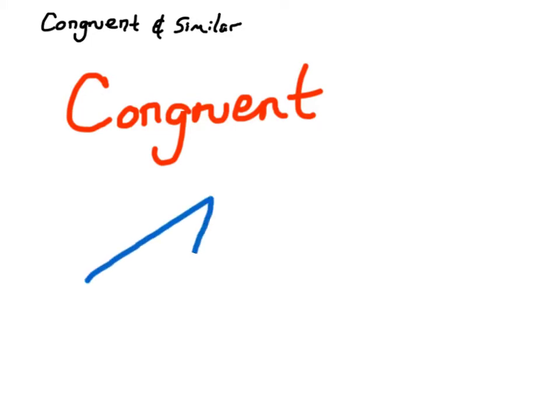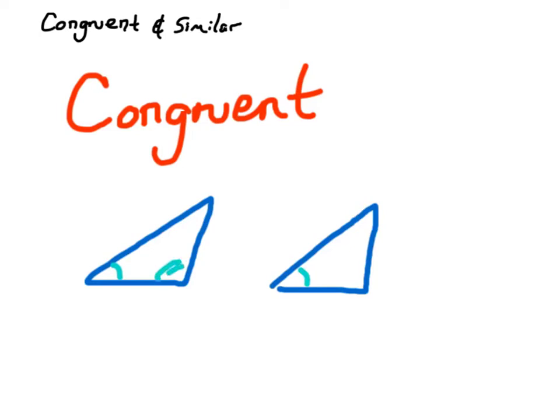If I have a triangle, and there is a second triangle, and I start identifying certain things like that angle is the same as this, and this is the same as this, and this one up here is the same as this one over here.